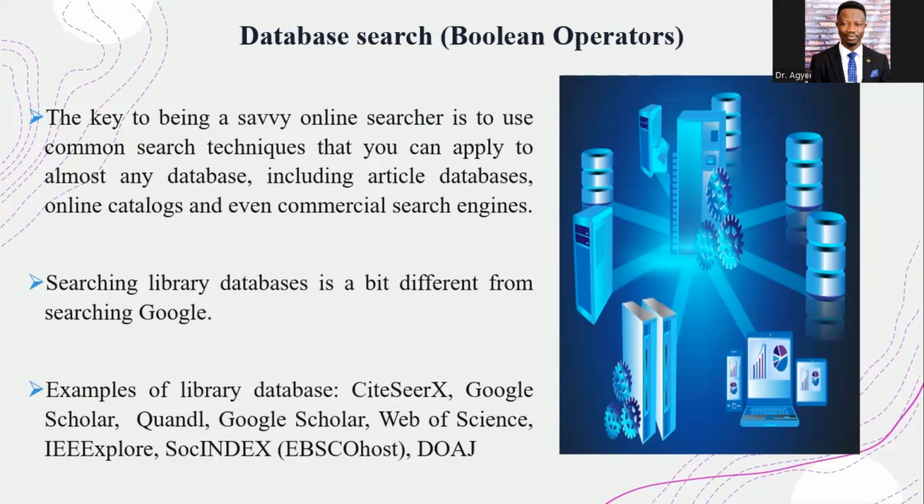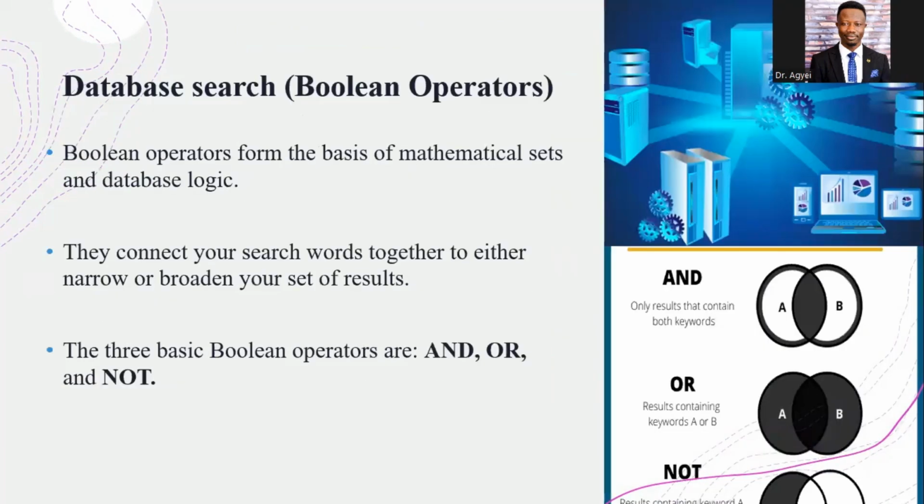Once you know your database, what Boolean operators do we need that will help us do our search very fast? The key Boolean operators are AND, OR, and NOT. These are the three keywords that we can use to search for whatever we are looking for.